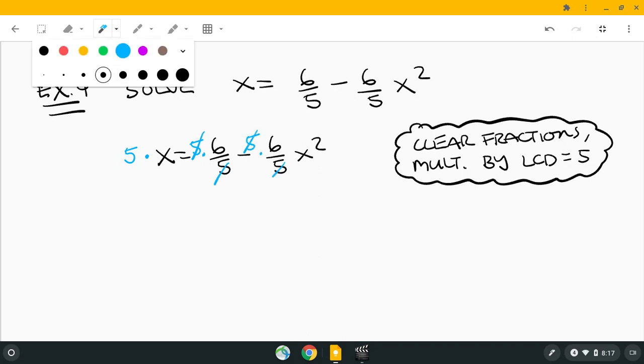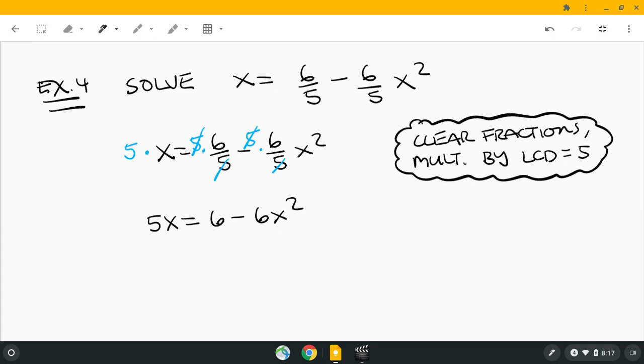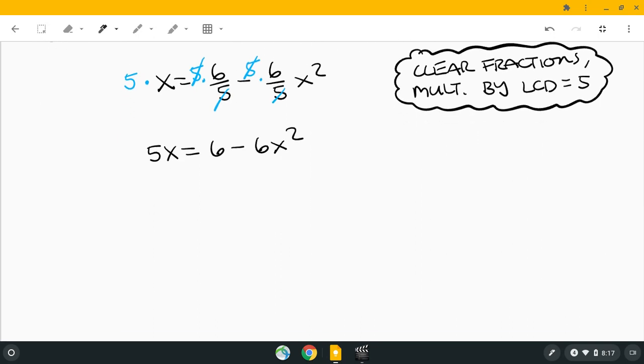Okay, so here I get 5x equals 6 minus 6x squared. Now set it equal to 0. I'm going to move everything to the left side, so I have to do the opposite operation. Subtract 6 on both sides. So I get 5x minus 6 equals negative 6x squared.